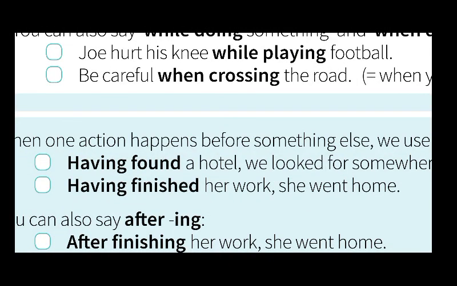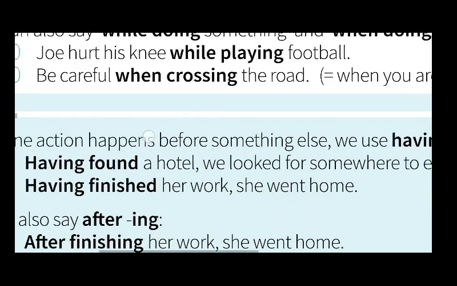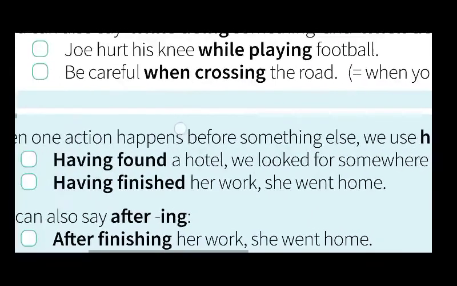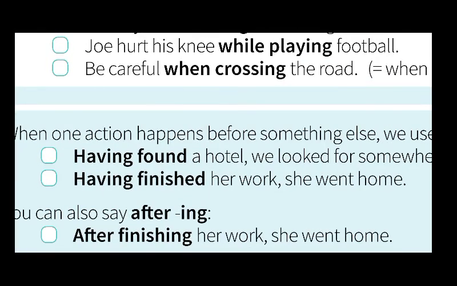That means after we had found a hotel to stay in, we went out to look for somewhere, a restaurant, to eat. Having finished her work, she went home. It means after she had finished her work, she went home. That means one action happens before something else.